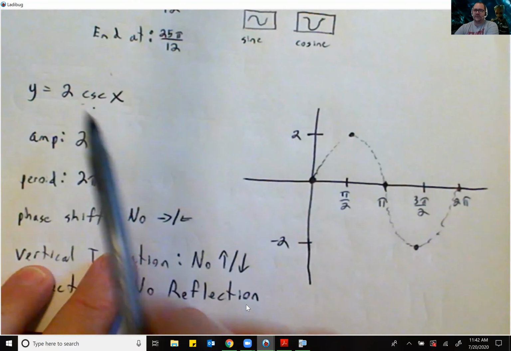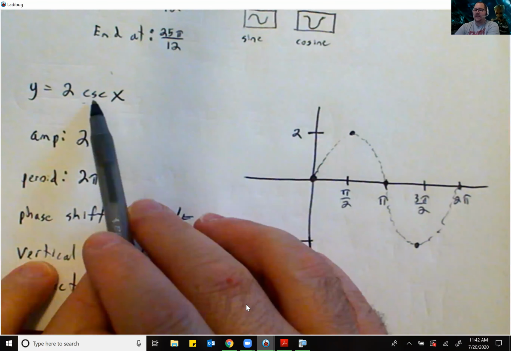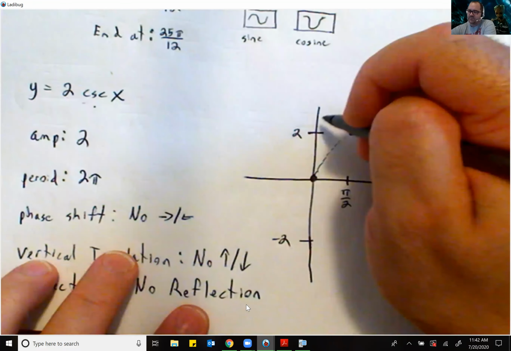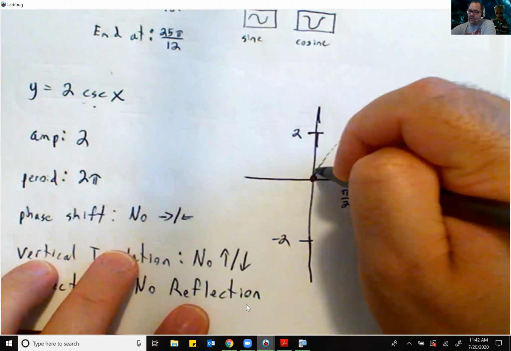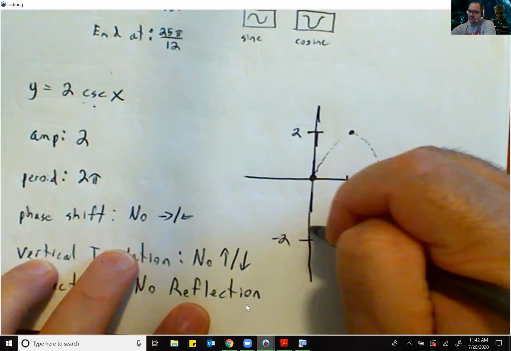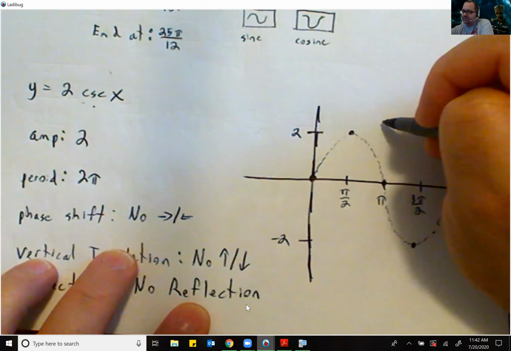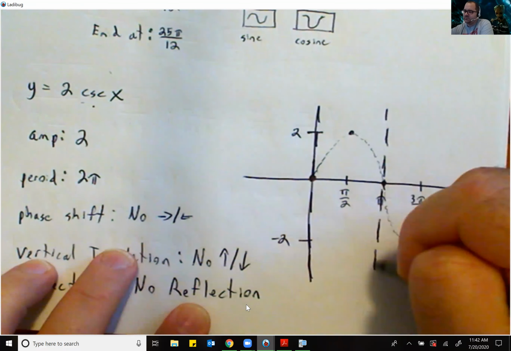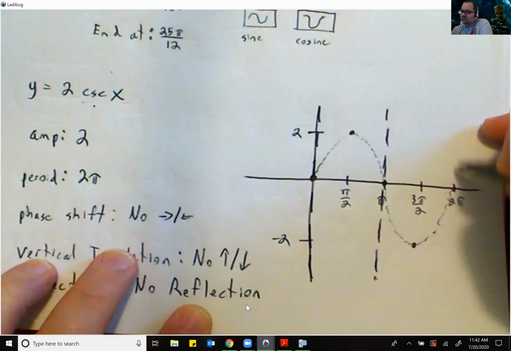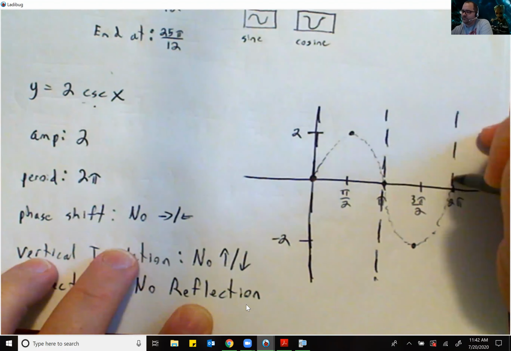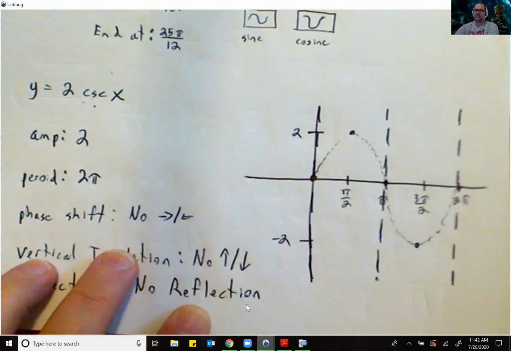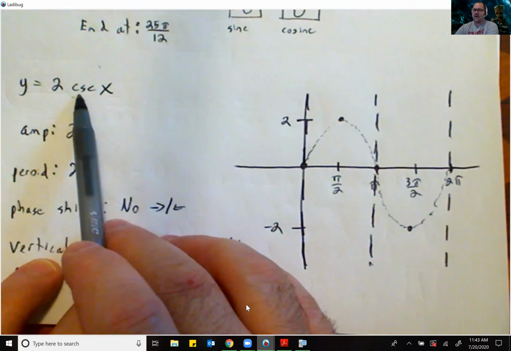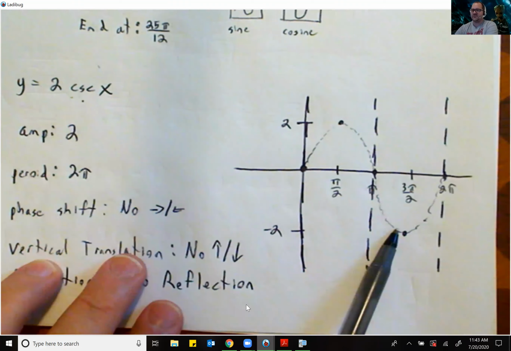Now, how we turn this into cosecant, anywhere where it hits the axis becomes asymptotes. So anywhere where we hit the x-axis, we're going to draw dotted lines through there because these are our asymptotes. So there's our asymptotes. And then remember that cosecant is the reciprocal of sine. So with reciprocals, we flip it.